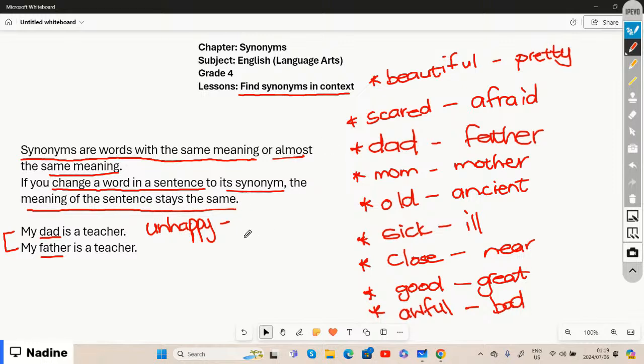Yes, and another word for unhappy is sad, right? So even if we were to look at a sentence where we can put in unhappy.